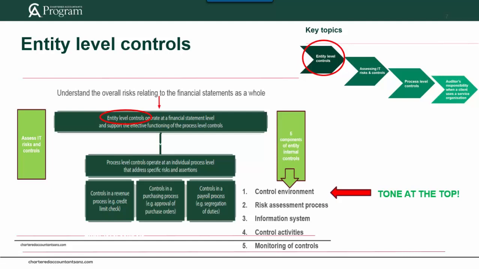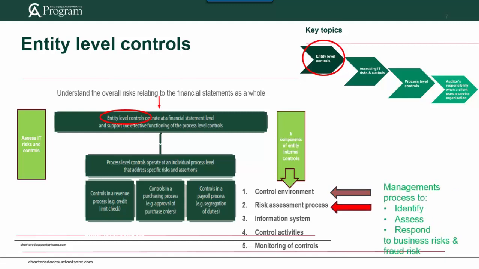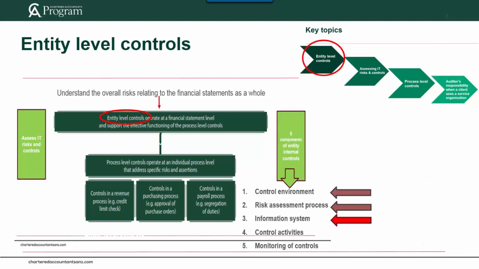Entity-level controls also include controls relating to the risk assessment process. This is management's formal and informal process for identifying and assessing and managing business risks and risks of fraud. This is a necessary process for management to fulfill its responsibilities. Entity-level controls also include controls relating to communication, which is part of the information systems component.